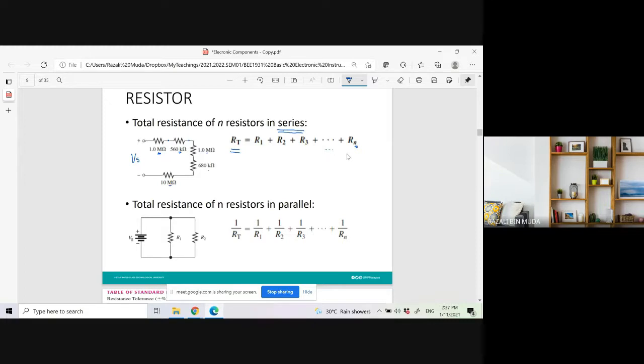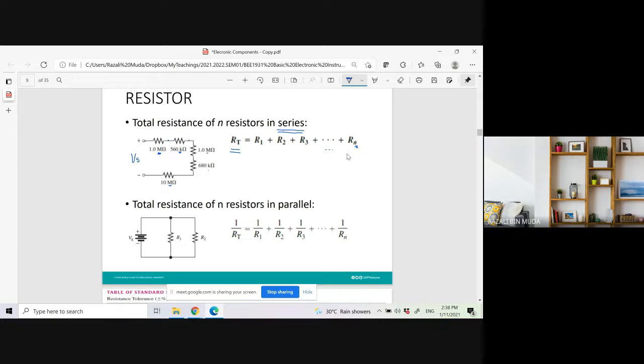So you need to convert into a same unit. So kalau you calculate in kilo ohm, you kena convert lah. So mega ohm convert kepada kilo ohm, jadi 1000 kilo ohm sama dengan 1.0 mega ohm.